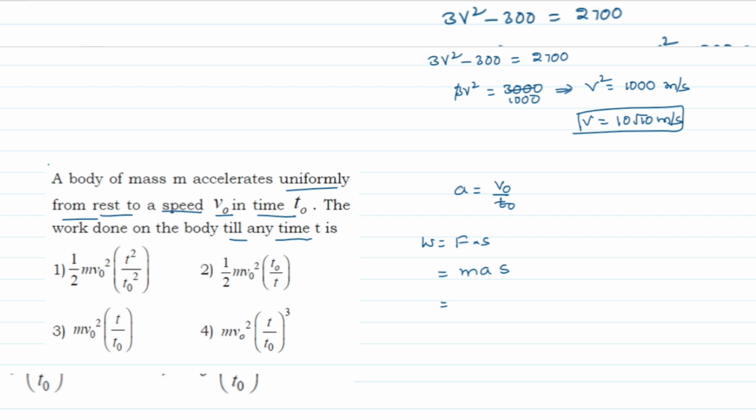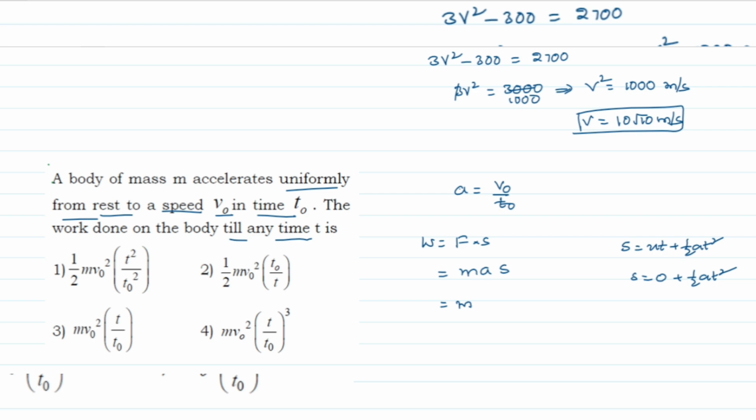The body starts from rest, so the displacement covered is s equals ut plus half at square, which is half at square.